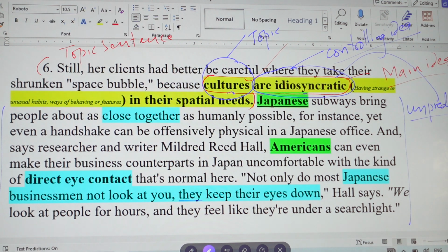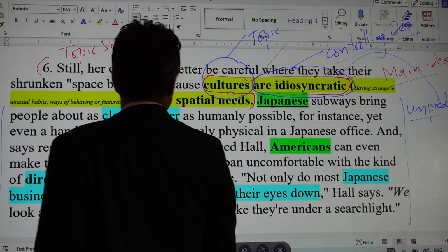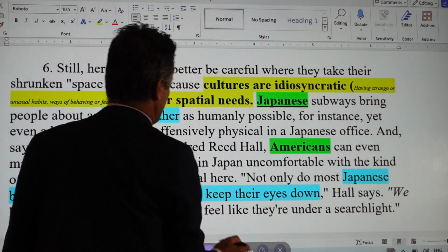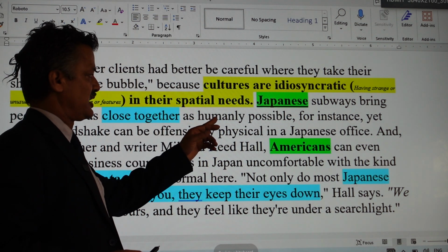So what is controlling idea? Idea that controls the discussion. Now look, move ahead further and look how this paragraph does that. Cultures are idiosyncratic in their special need.